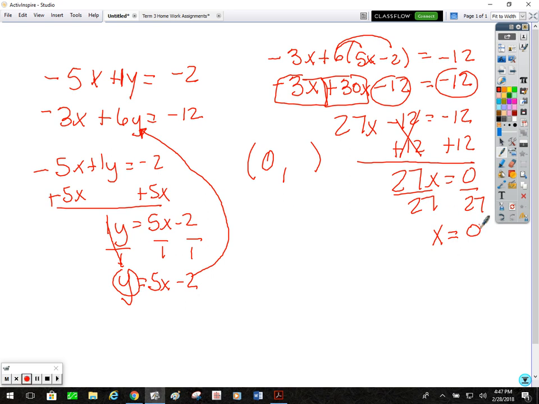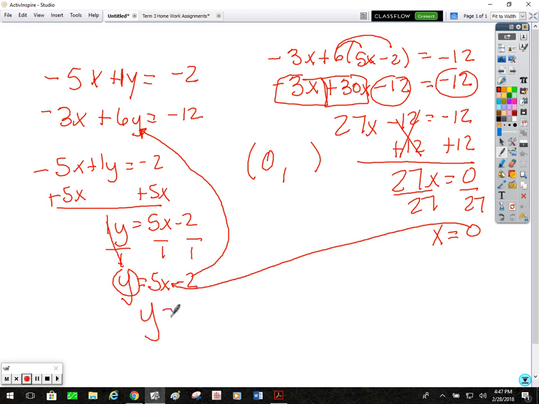Well, here's the thing I like about this one. Now I need to know what y is. Well, I can plug in this 0 here. But if I come down here, I notice that the value of y is equal to 5 times the value of x, which is 0. So I'm going to take this 0 and plug it right here.